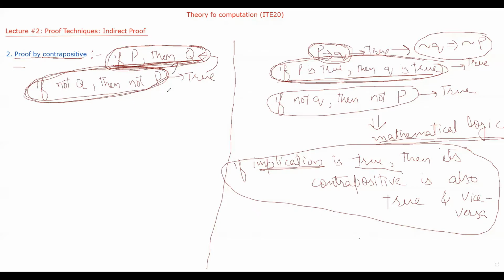Let me explain it with the help of an example. Let's take Theorem 6. Let's say we have to prove: if n square is even, then n is even.